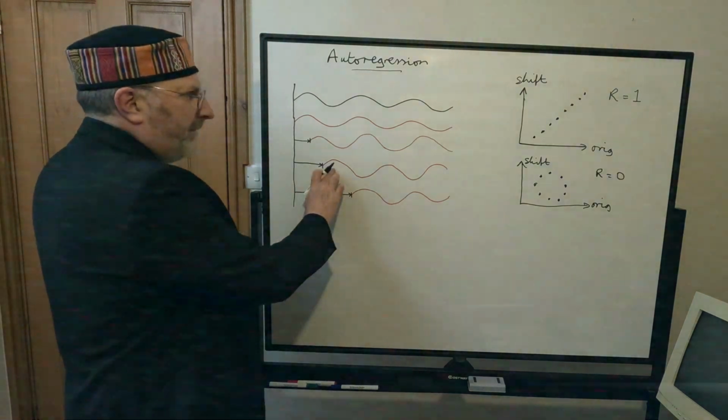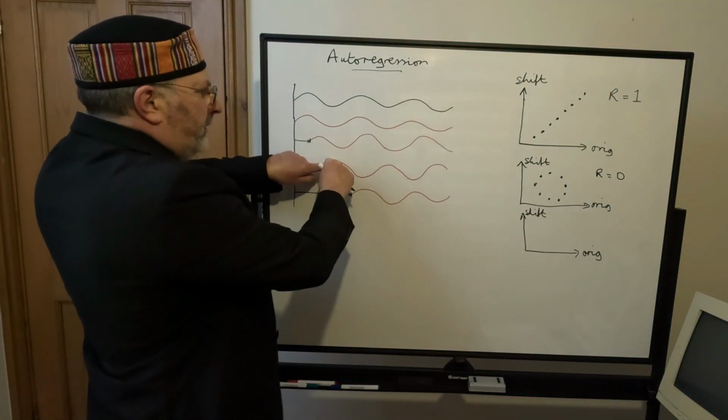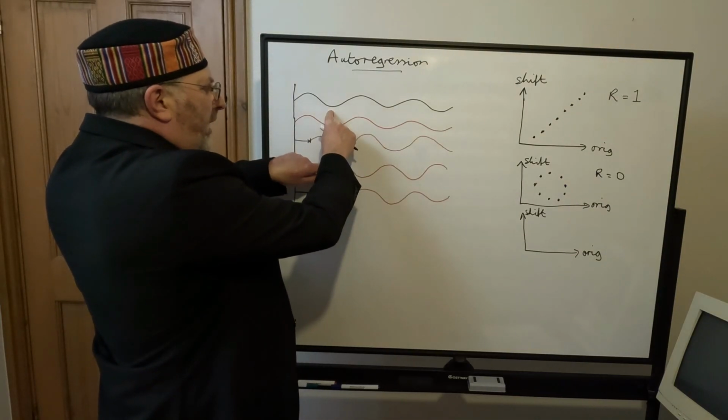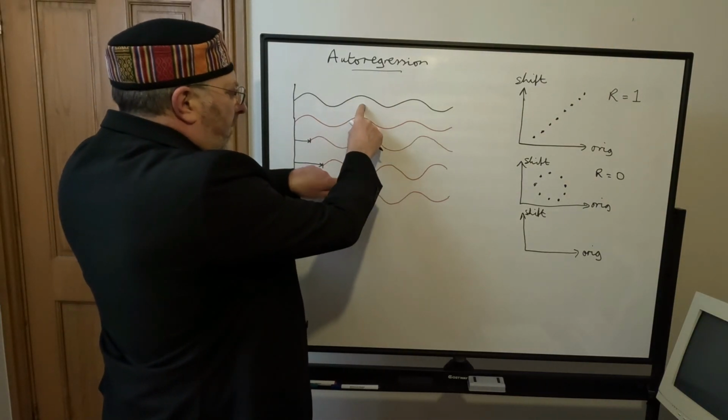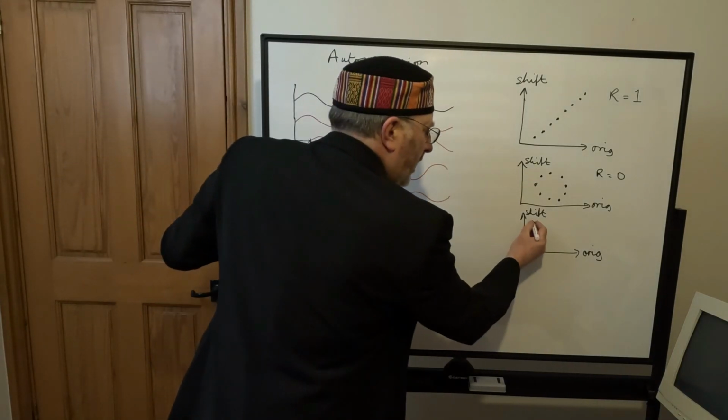And then what about this one? Well, in this case, they swing opposite to each other. So when x is low, y is high. When x is high, y is low. So when x is low, y is high.